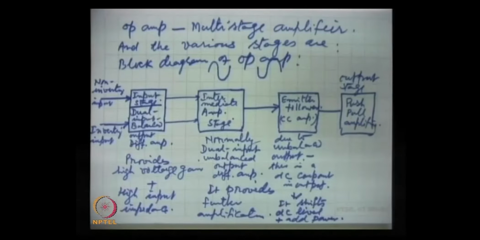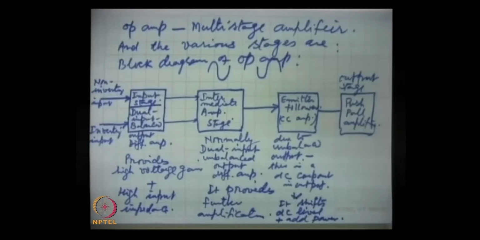Push pull amplifier in a modified form, and the modification is that between the two transistors which sit one over the other, there is a diode, and the diode takes care that when one transistor conducts, the other is off, and this is known as totem pole output.